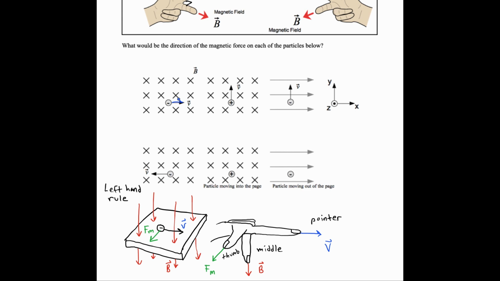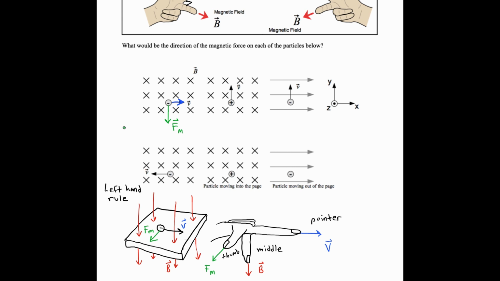So we can go ahead and give an answer to this in terms of i, j, and k. We see that the velocity is in the positive i direction. Magnetic field is into the page. And when that happens, there will be a magnetic force exerted on the particle in the downward direction.